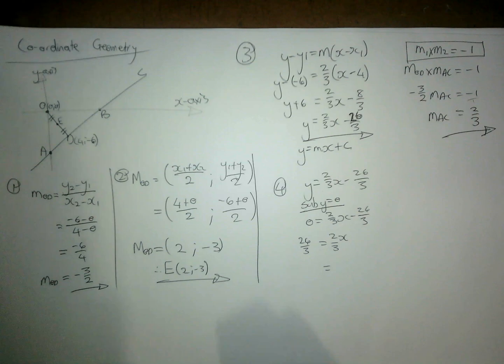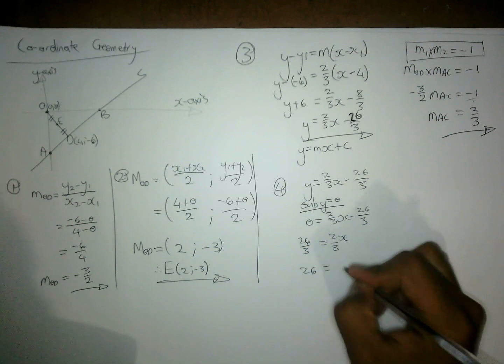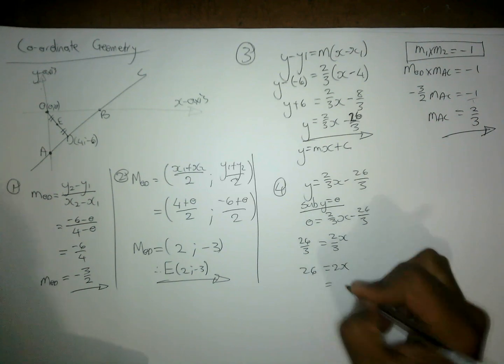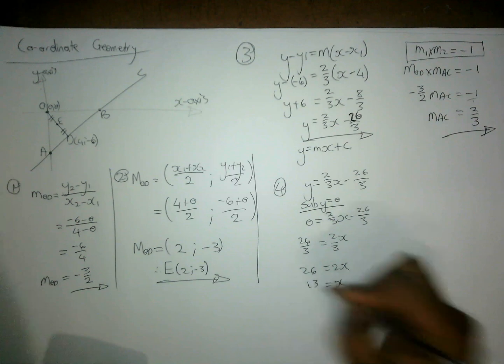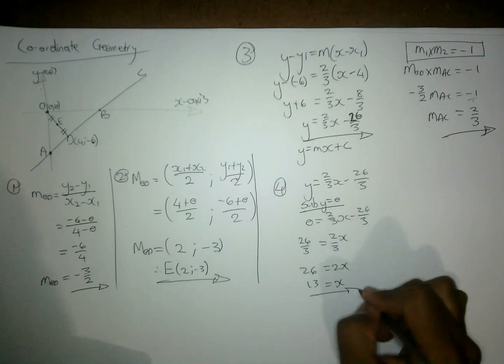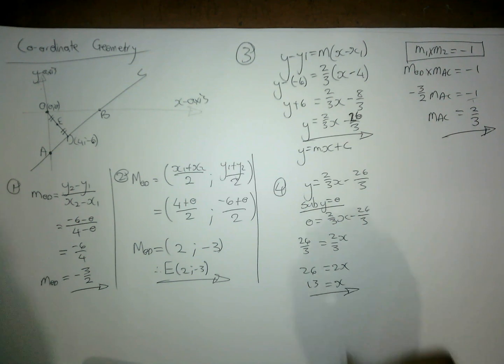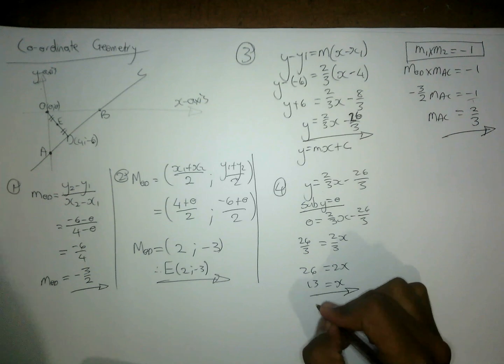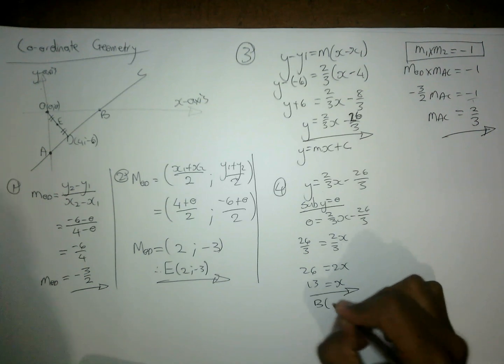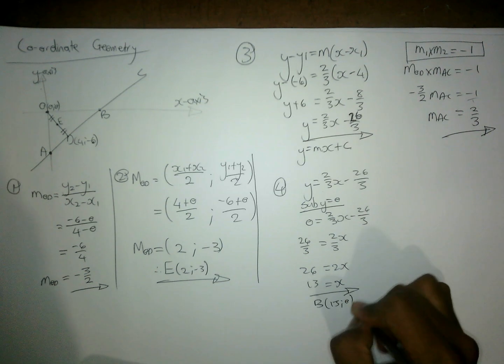Multiply with 3. Multiply with 3, it's going to do that. So 26 over 3. It's just 26, 2x, 13. So x equals 13. That means our coordinate for B is 13 and 0.